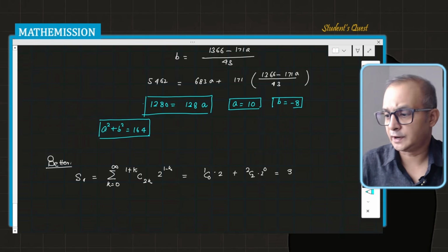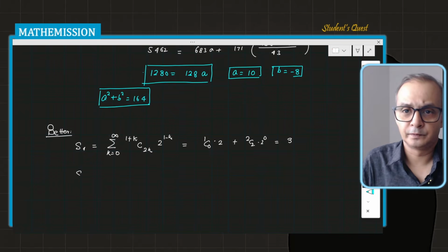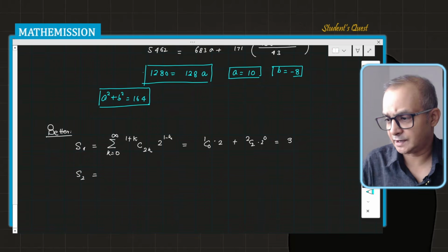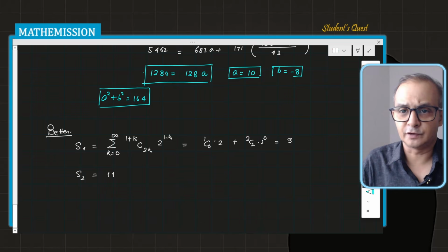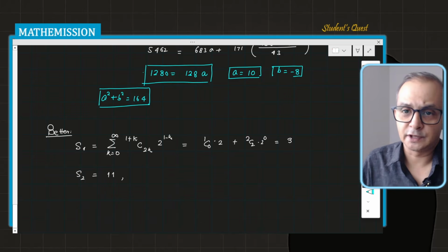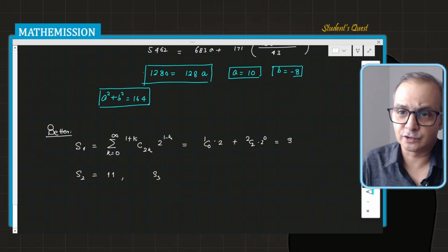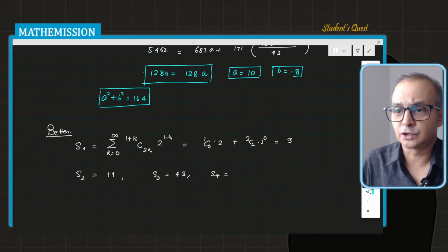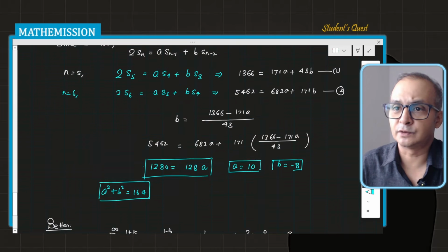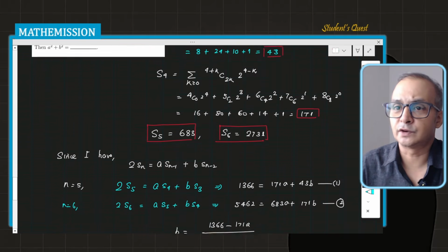Similarly, S2, after a similar calculation, I'm just writing that is going to be 11 if you calculate this. So now we know that we have S1, S2, S3 which is already known, 43, and S4 also I know, that is 171.